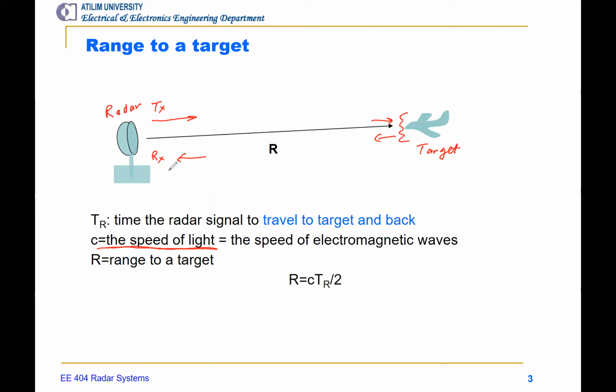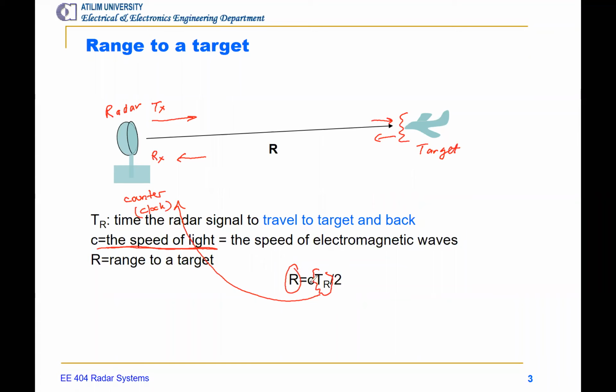Since we know the speed of the electromagnetic waves, we can determine range if we know the time elapsed. Okay? And usually we have a counter here, simply a clock. It counts the time in nanoseconds or microseconds or milliseconds, depending on the system. And then we measure this T_R by this counter. Once we measure this T_R, it's quite easy to determine R, the range to the target.